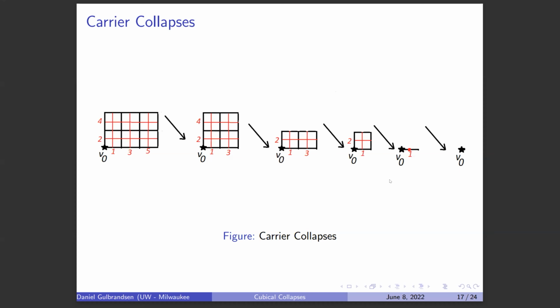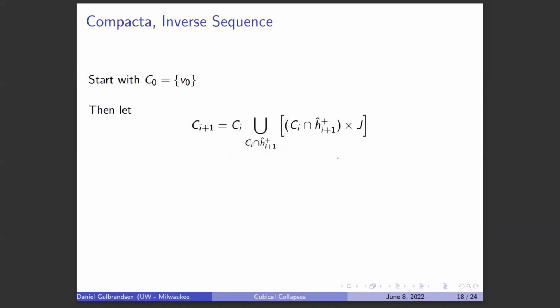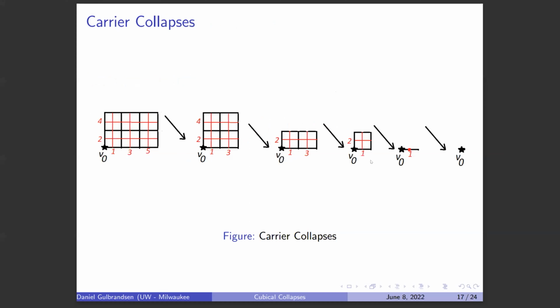The way those are defined is this ugly looking formula, but you don't really need to know all the details here. Just remember that you're starting with some finite complex, you're attaching a portion of the carrier for the next hyperplane to it, and you're attaching it along the correct subcomplex. So back in the previous picture, if we were going from here to this complex with two squares, you're attaching a portion of this carrier to the right subcomplex, which is just this edge on the right here.